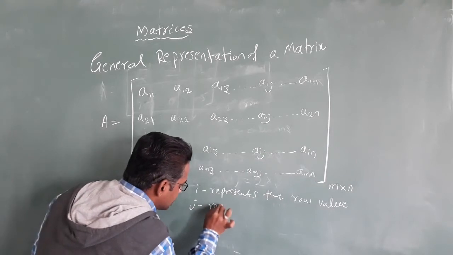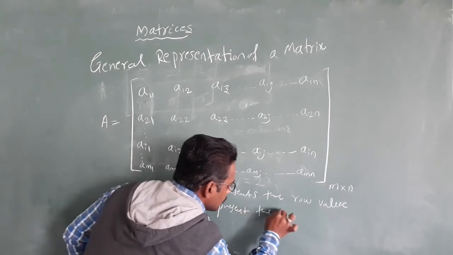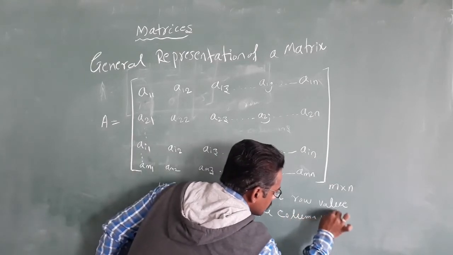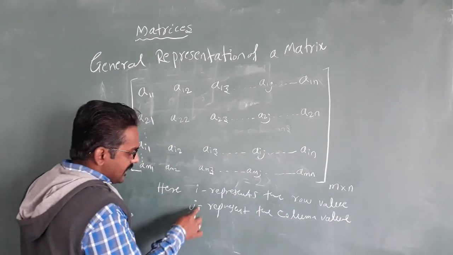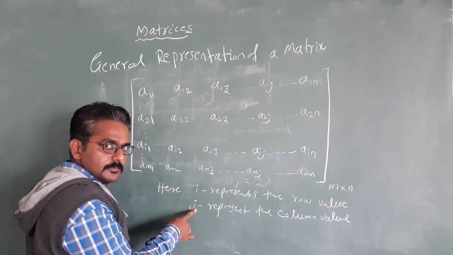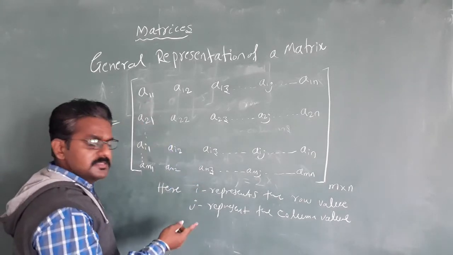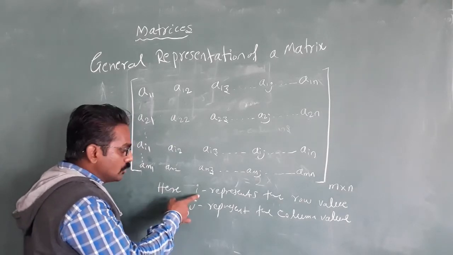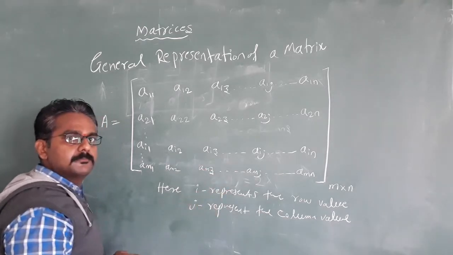And j represents the column value. If suppose I mention i equal to 1, j equal to 1, it means A11. A11 means first row, first column. If suppose i equal to 2, j equal to 3, second row, third column.